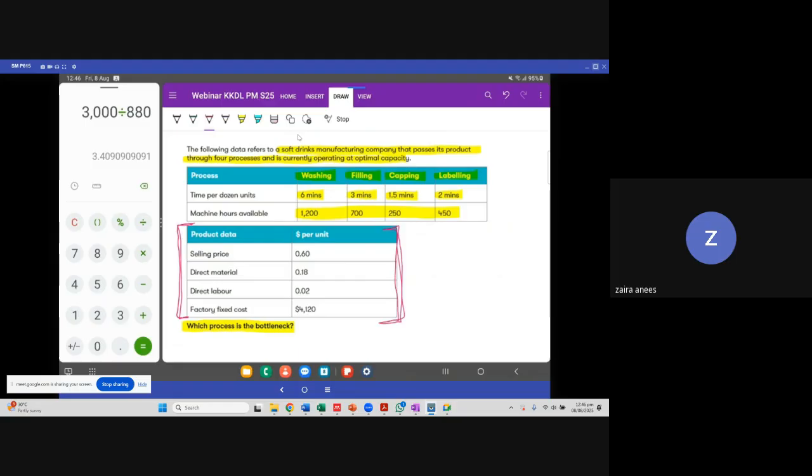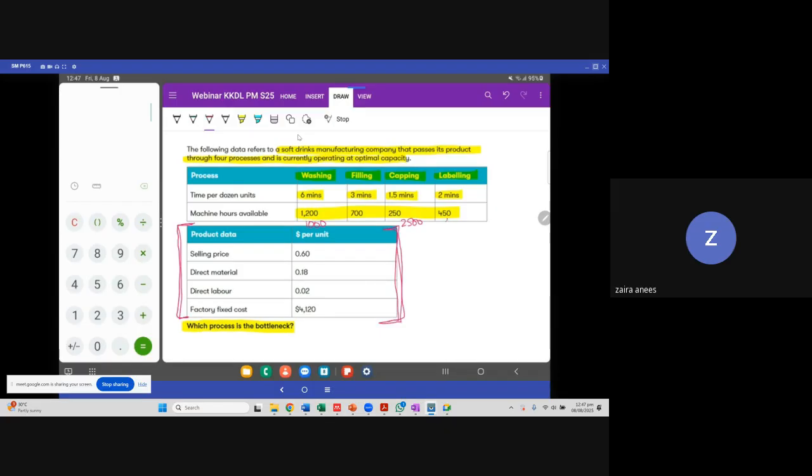See, the general definition of limiting factor or bottleneck is something that restricts your output, that will not let you produce the complete output. So if you are producing a soft drink, technically it has to pass through all processes, right? Let's suppose from washing, you can manufacture 1000 bottles. Capping process can produce 2500 bottles.